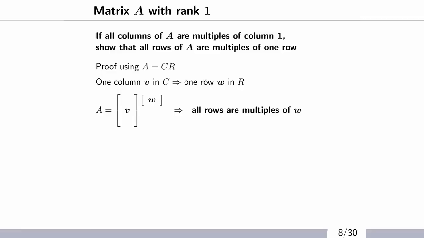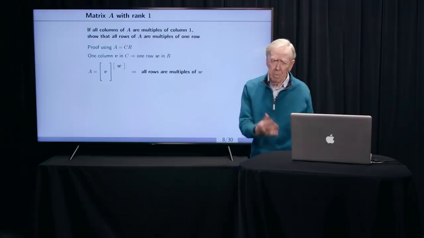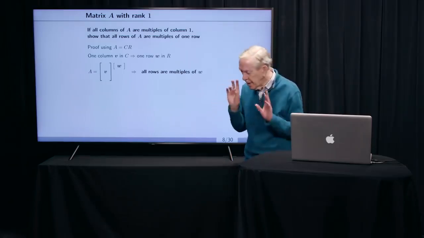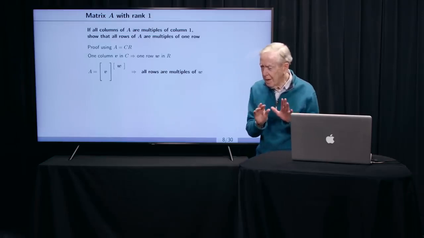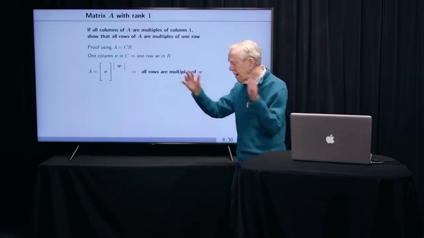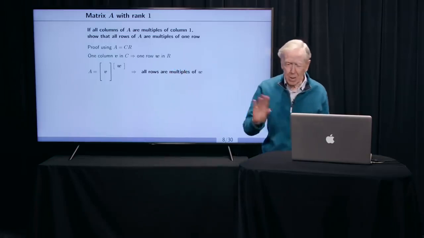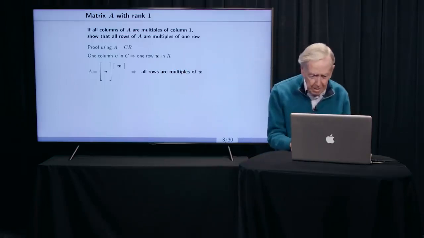And the rank is 1. These are the building blocks of linear algebra. These rank 1 matrices, column times row. The previous matrix would have one of those blocks and a second block. A big matrix from data science would have hundreds of blocks. But the great theorem in linear algebra is to break that big matrix into these simple pieces. So that's the goal for the end of the course.